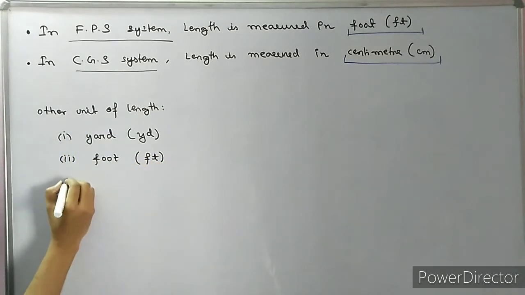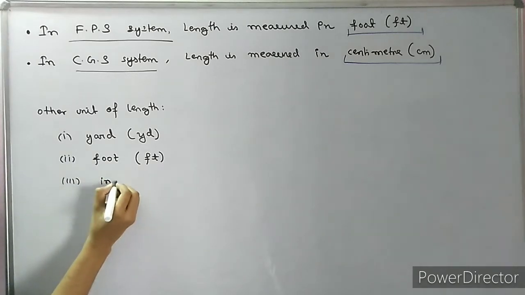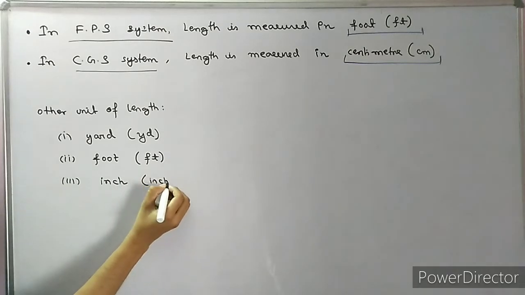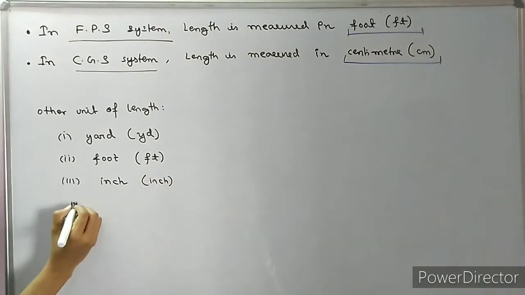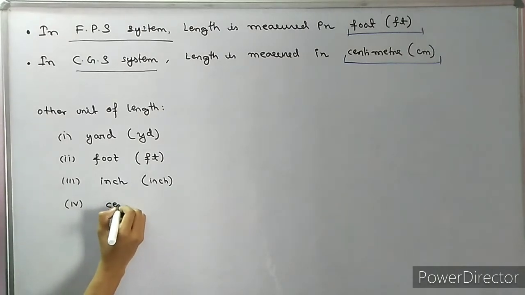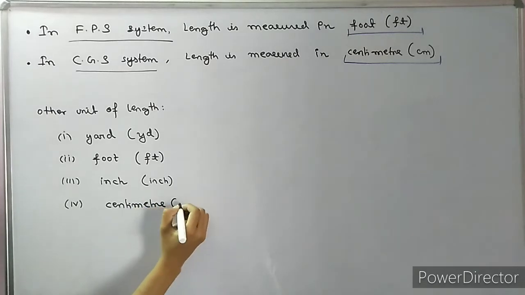And then we have another smaller one, inch, whose symbol is the same, inch. And then the other one finally we have is centimeter, cm.